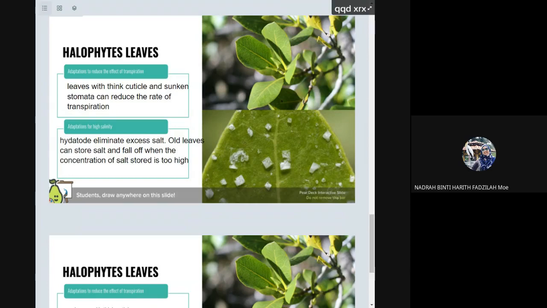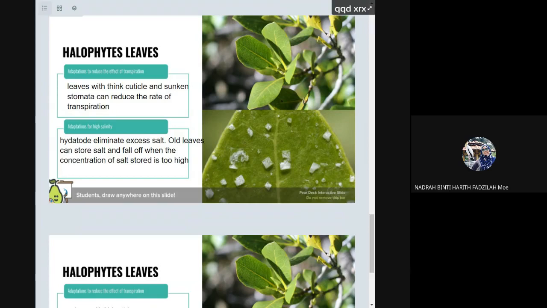Bila ada high concentration of salt dalam root, barulah water from the surrounding environment diffuse into the root cell.